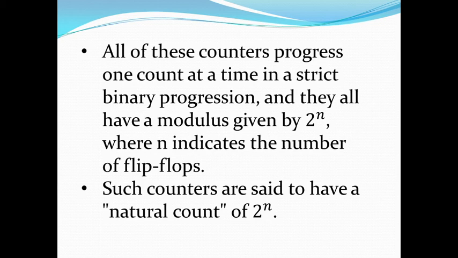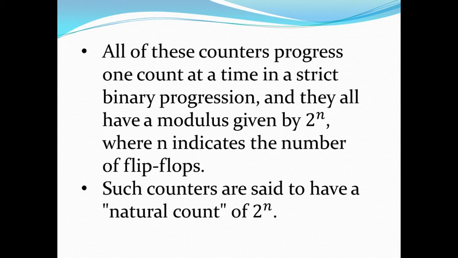Why? Because the number of discrete states through which they progress on each clock pulse, before they repeat the sequence, depends upon the number of flip-flops. If there are n flip-flops, then the modulus of the counter is 2 raised to n.